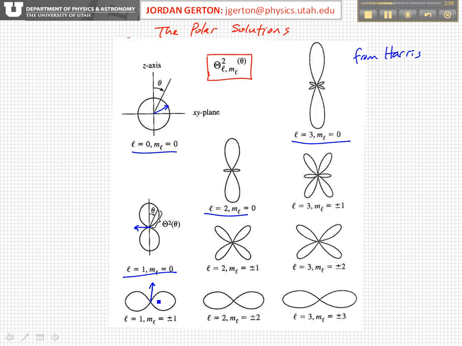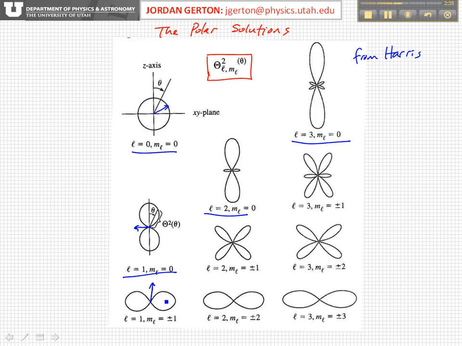If we're going to have a z component of the angular momentum, we would expect to find the particle most likely in the xy plane, and that's what we see here with some uncertainty. There's some probability that we find it above or below the xy plane, but we find it predominantly along the xy plane, which helps contribute to the fact that it has a z component of angular momentum.